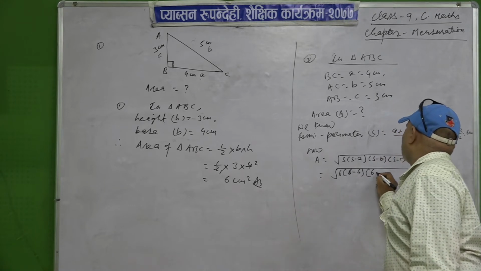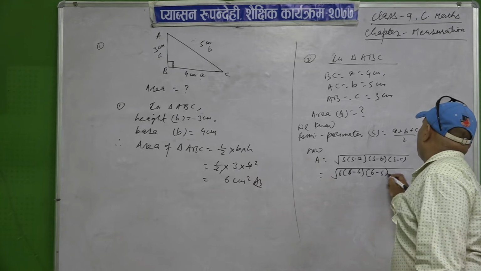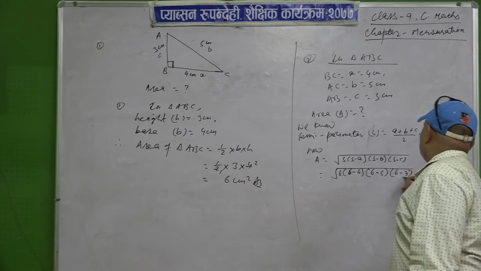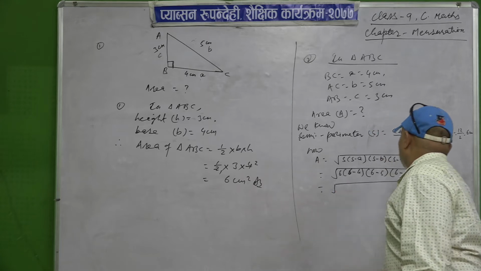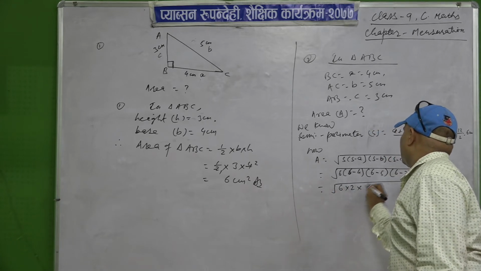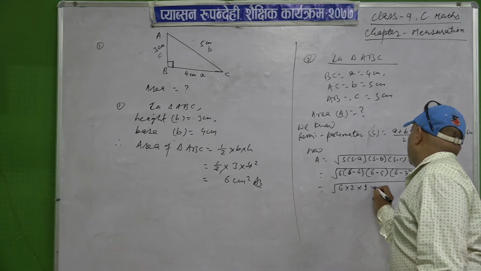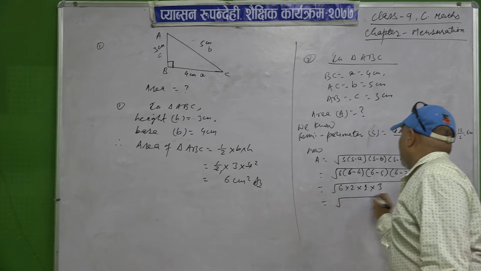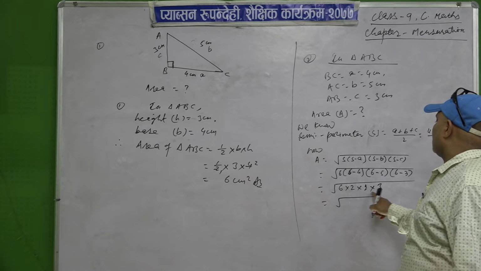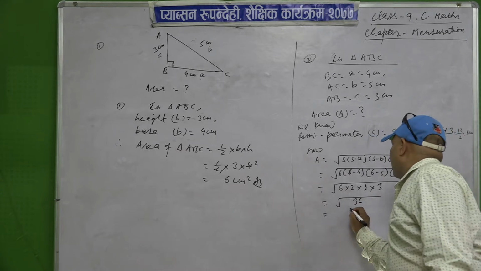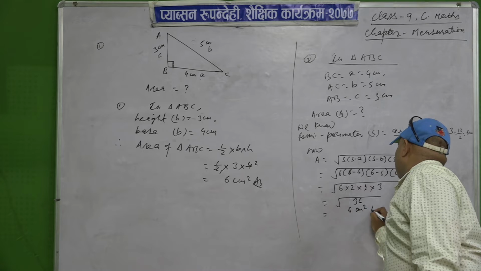Again S is 6 minus B, B is 5. Again S is 6 minus C, C is 3. Now calculate this. 6 into 6 minus 4, 2, into 6 minus 5, 1, into 6 minus 3, 3. Now 6 twos are 12, 12 ones are 12, 12 threes are 36. If you take out the square root, it will be 6 centimeter square.